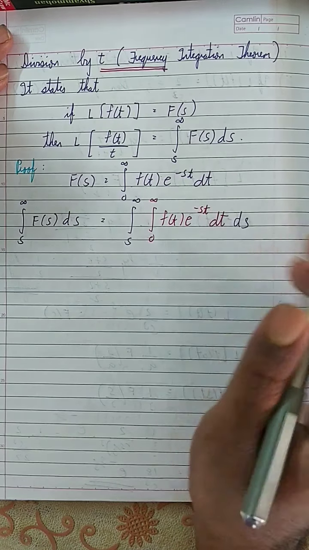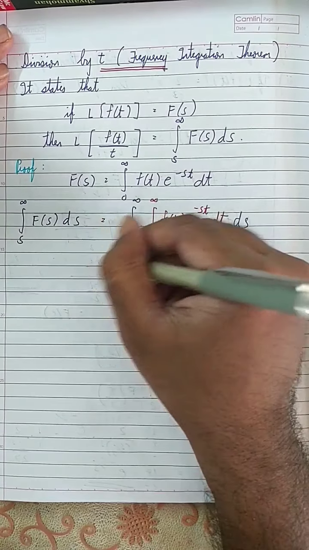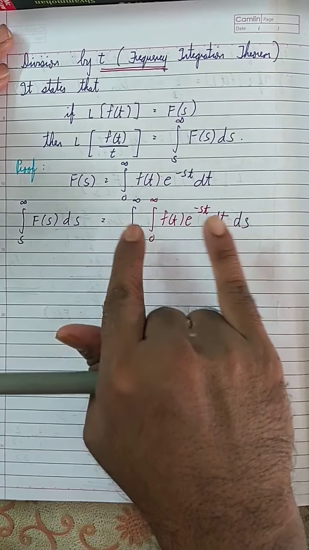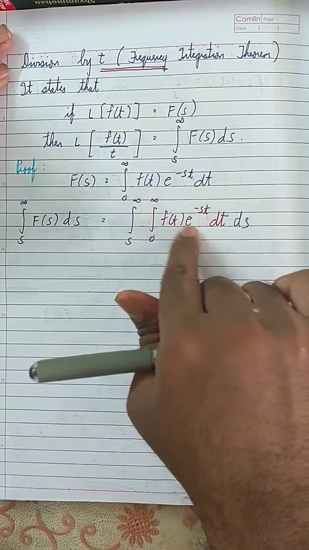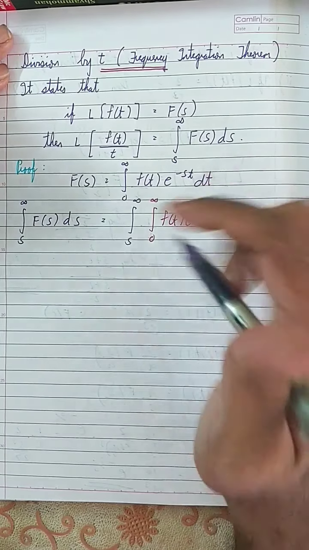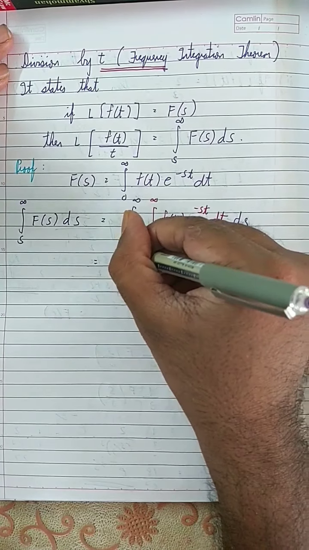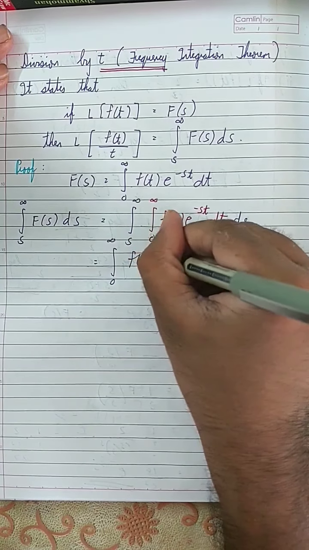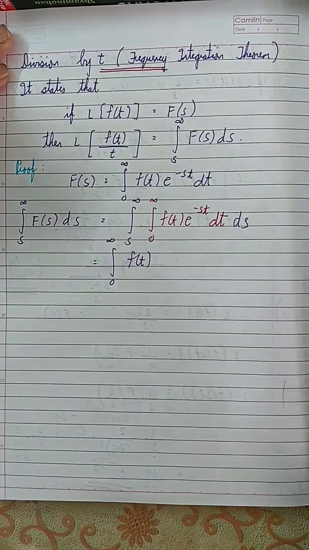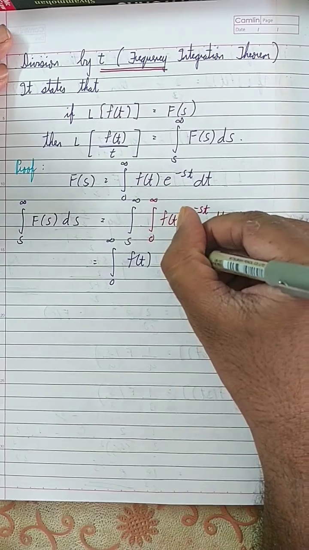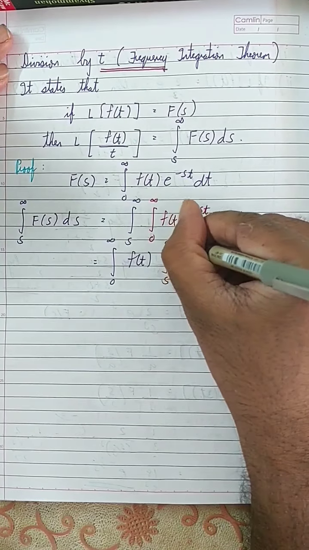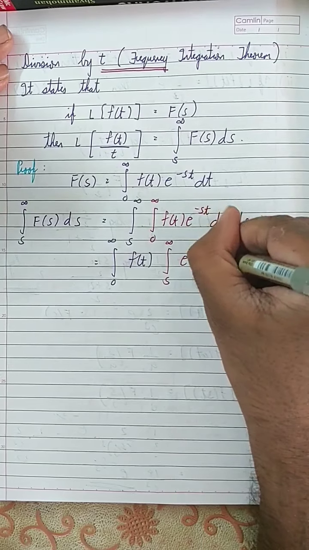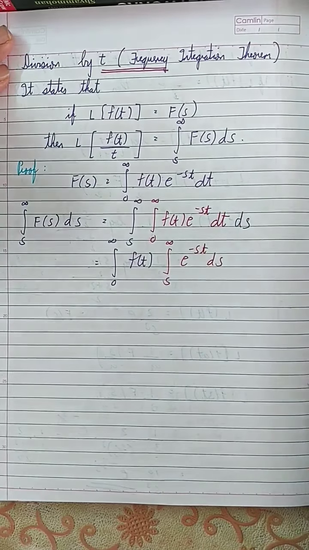This means I can put this integral inside the function, because it's available only over here. So this can be written as integral from 0 to infinity f of t, and this integral can be put inside, so this will become integral from s to infinity e raised to minus st ds dt.